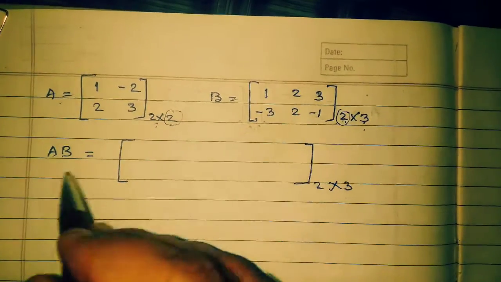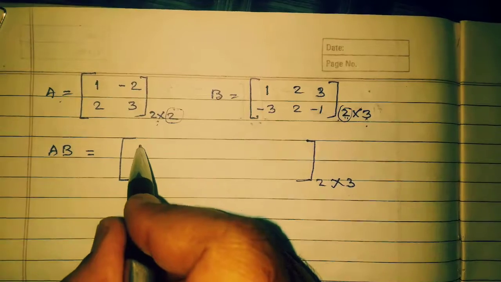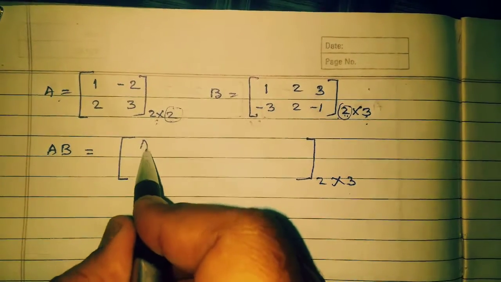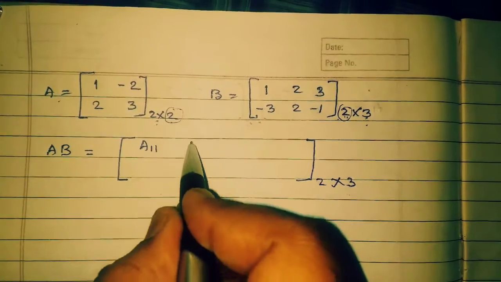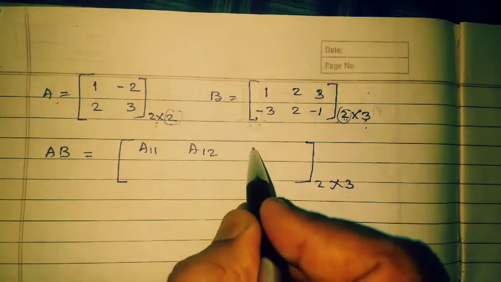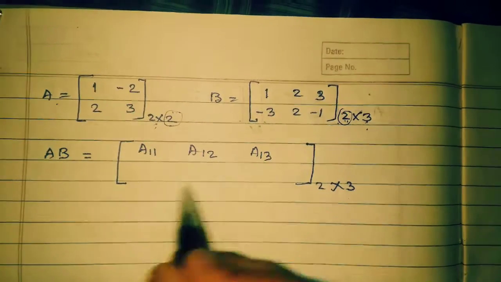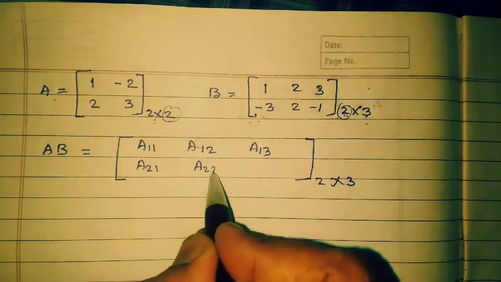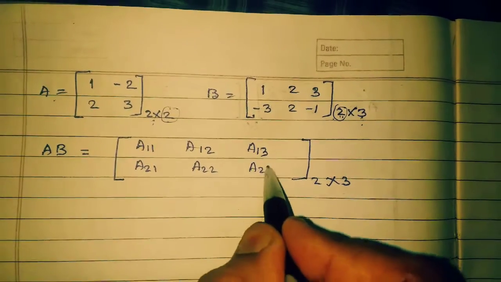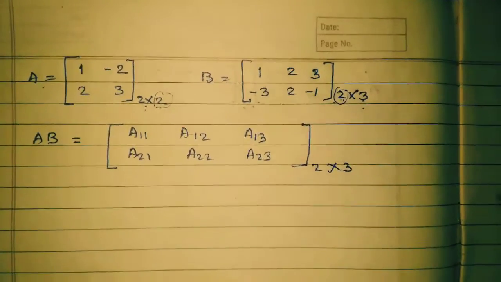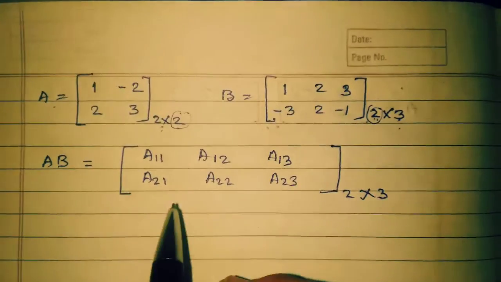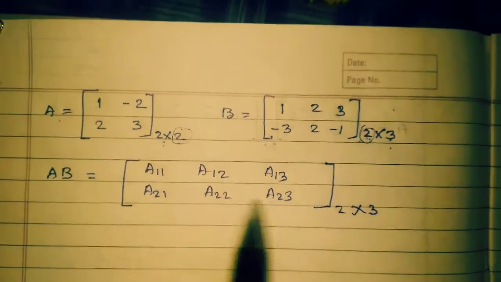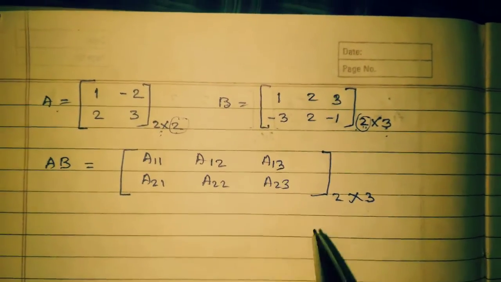So the resultant elements will be A11, A12, A13, and here A21, A22 and A23. So all these elements will come. Again I'm telling why I'm writing this: students, if you write the elements like this, then the multiplication will be easy.